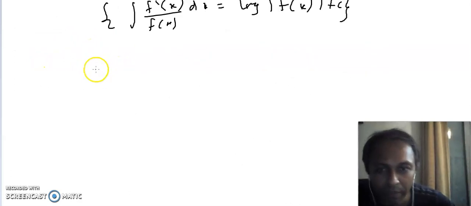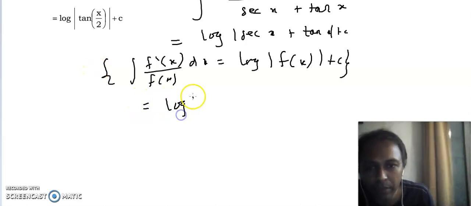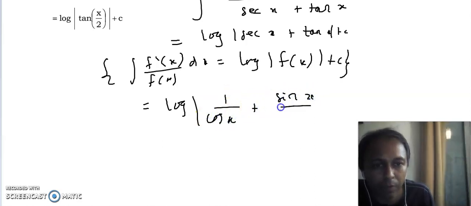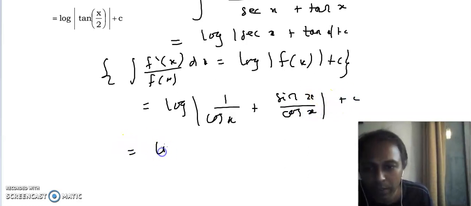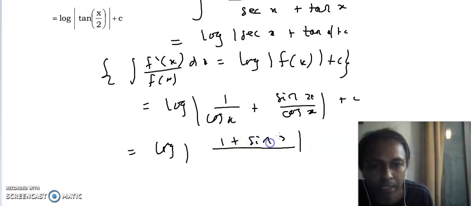Let's try to simplify this further. Sec x is 1 upon cos x, while tan x is sin x upon cos x, plus c. So this becomes equal to log of mod of 1 plus sin x upon cos x plus c.